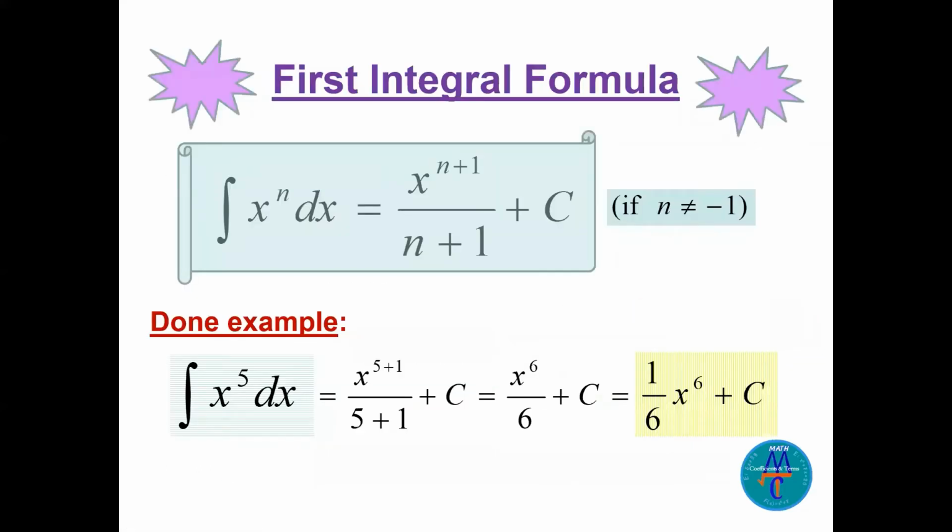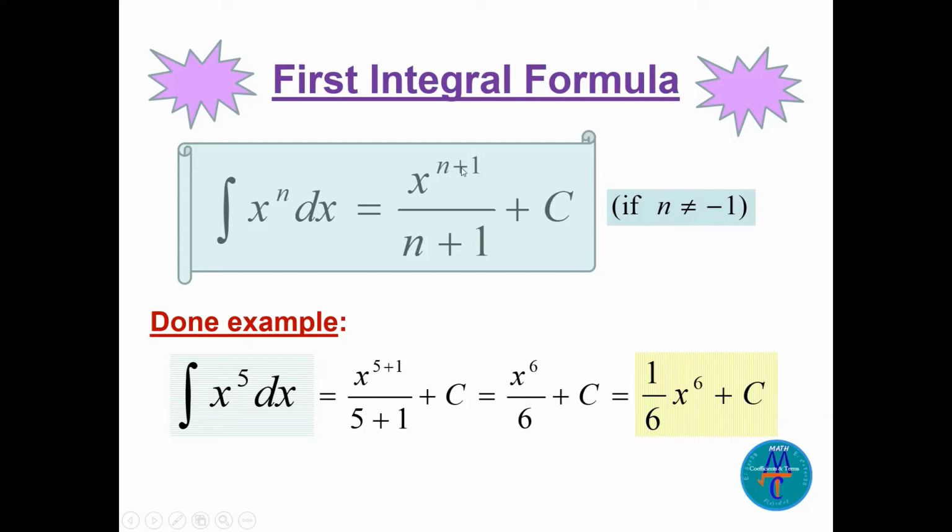The first integral formula will be integration of x to the power n dx is equal to x to the power n plus 1 divided by n plus 1 plus c, where c is a constant and n cannot be minus 1. Simple example. If we need to find the antiderivative of x to the power 5, so we make the indefinite integral of x to the power 5 dx.